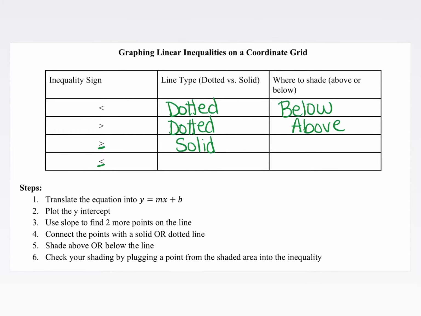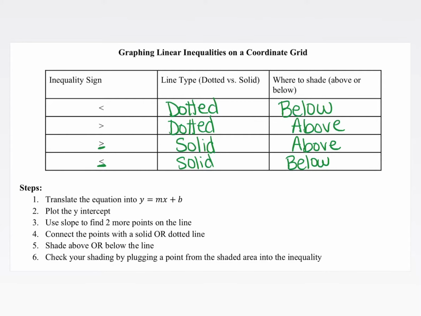So since it's also greater than or equal to, we're going to shade above the line for our solutions. And whenever we have less than or equal to, this is also going to be a solid line because remember, or equal to. But we're going to shade below the line.